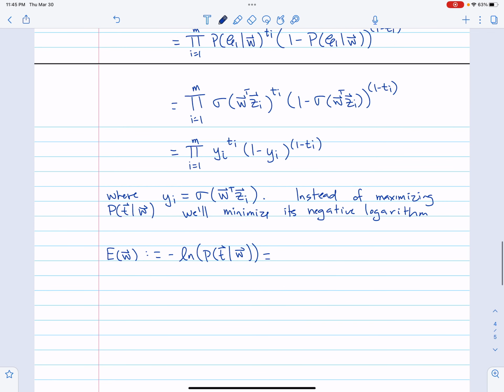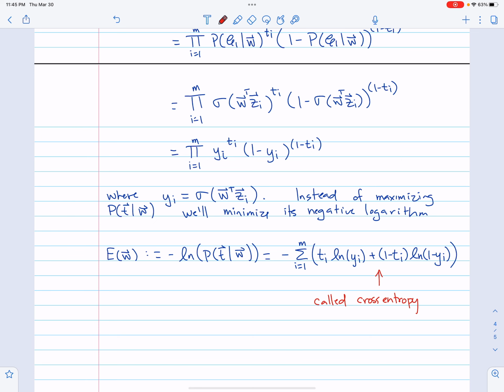And when we take the negative logarithm of that, it becomes a sum from i equals 1 to m of ti times the natural log of yi plus 1 minus ti times the natural log of 1 minus yi. Okay? And this is called the cross entropy loss function.